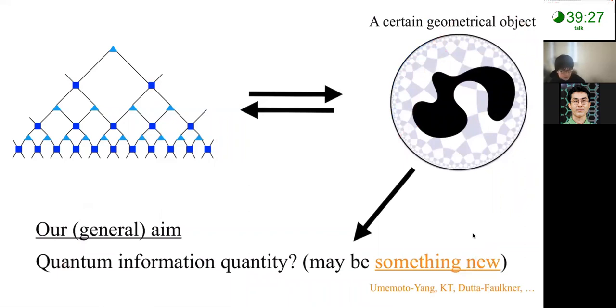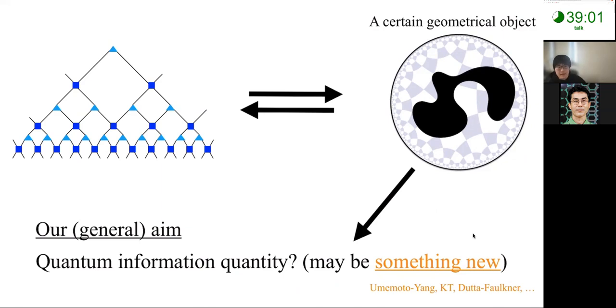From the gravity perspective, we can naturally think about some more general geometrical objects, which should be well defined at least in the framework of gravity. Then it's natural to ask which kind of boundary CFT quantities can compute such a geometrical object.